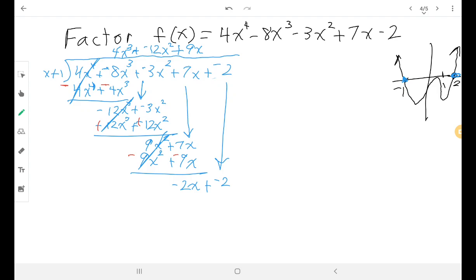And now the question is, how do I make this? So I need to multiply by x to make negative 2x, put a plus here, and then negative 2 times x is negative 2x, plus negative 2 times 1 is negative 2.